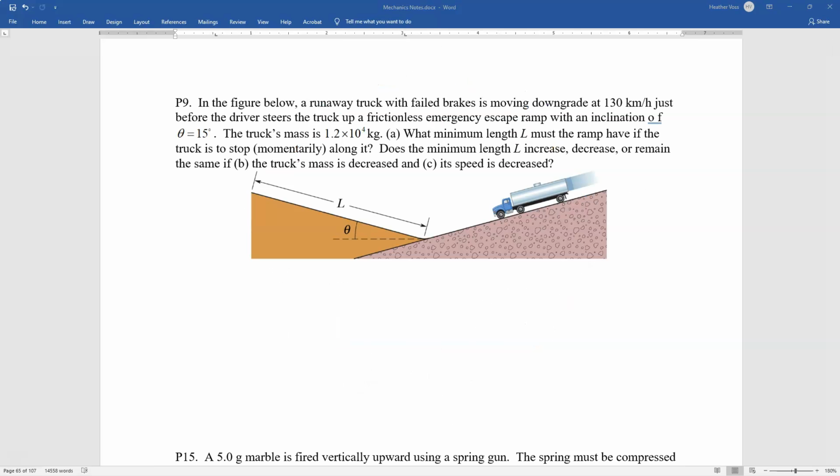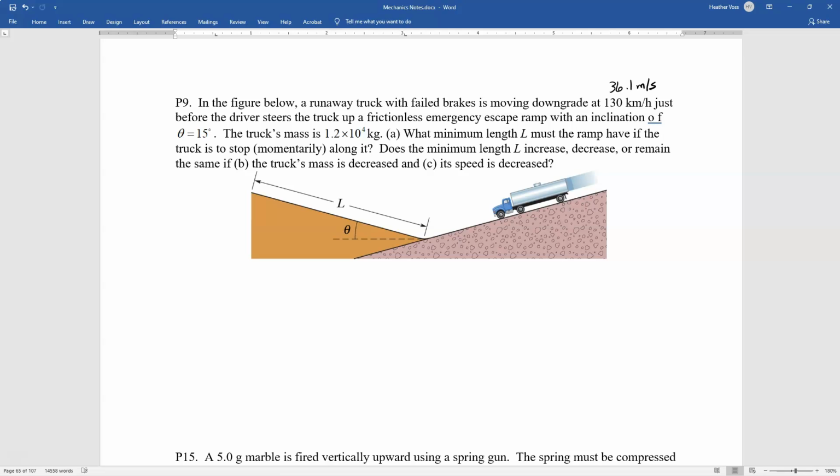So let's look at a problem where this works. Here we have a runaway truck with failed brakes going downhill at 130 kilometers per hour. If I convert that to meters per second, we're looking at 36.1 meters per second.